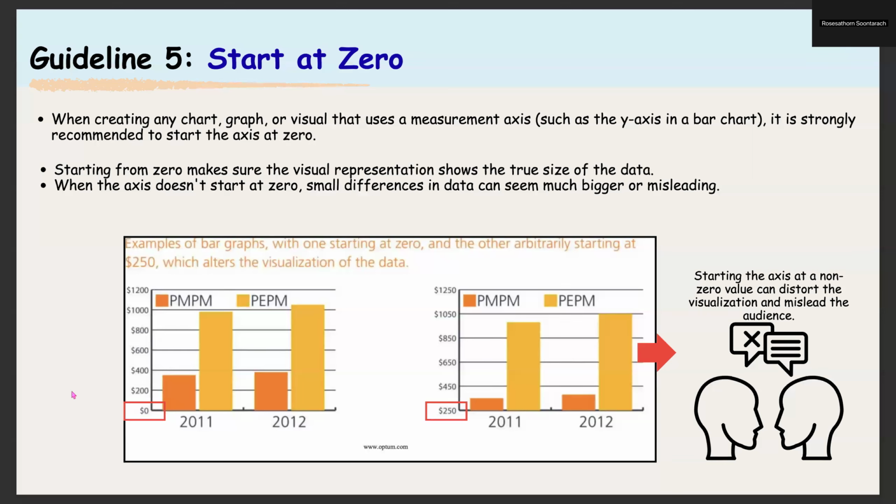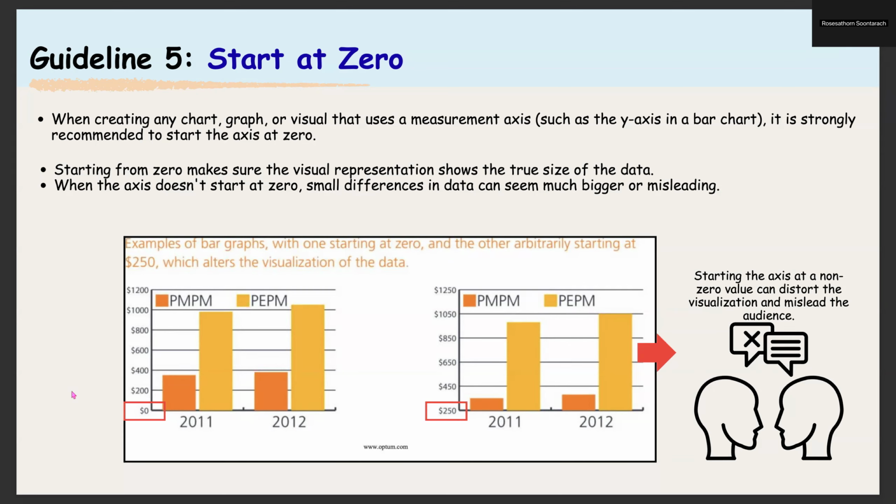And make it start at 0. When you create any chart, graph, or visual that uses a measurement axis, it is strongly recommended to start the axis at 0. Starting from 0 makes sure the visual representation shows the true proportions of the data.